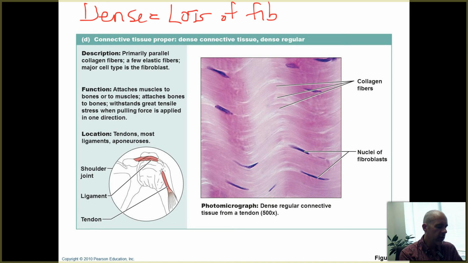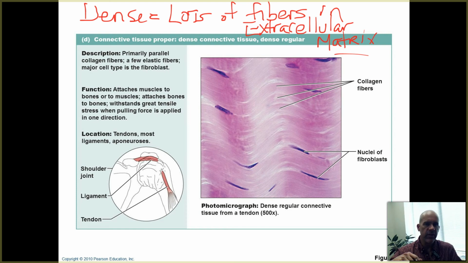So in the extracellular matrix, that's what we mean by dense connective tissues. Collagen fibers, lots and lots and lots of collagen fibers, especially in these tissues. Also, you'll have some elastic and reticular fibers in there as well, but mainly lots and lots of collagen.